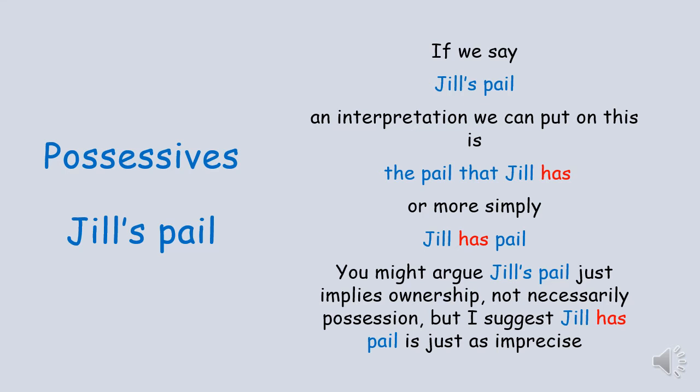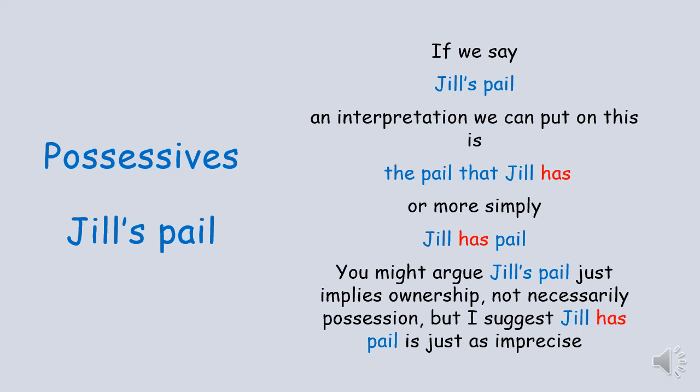Here's yet another part of speech, the possessive. If we say Jill's pail, what interpretation can we put on this? I suggest the pail that Jill has, or more simply, Jill has pail. You might argue Jill's pail just implies ownership, not necessarily possession.